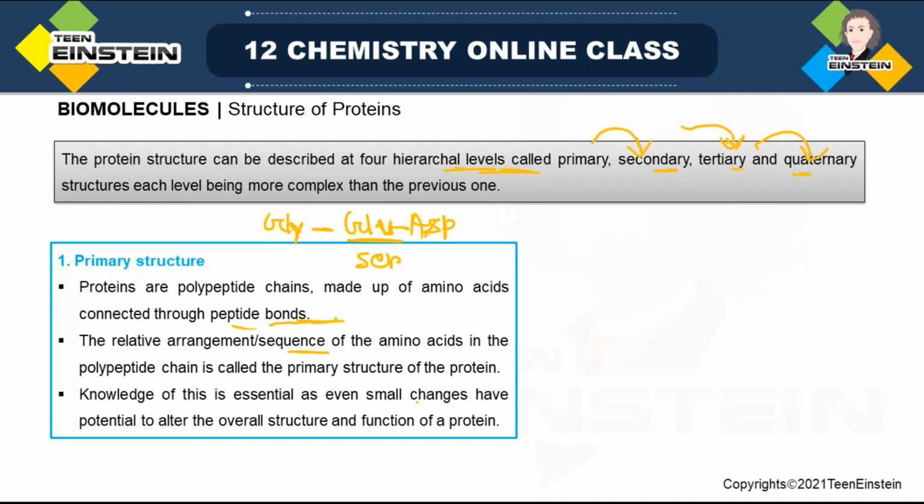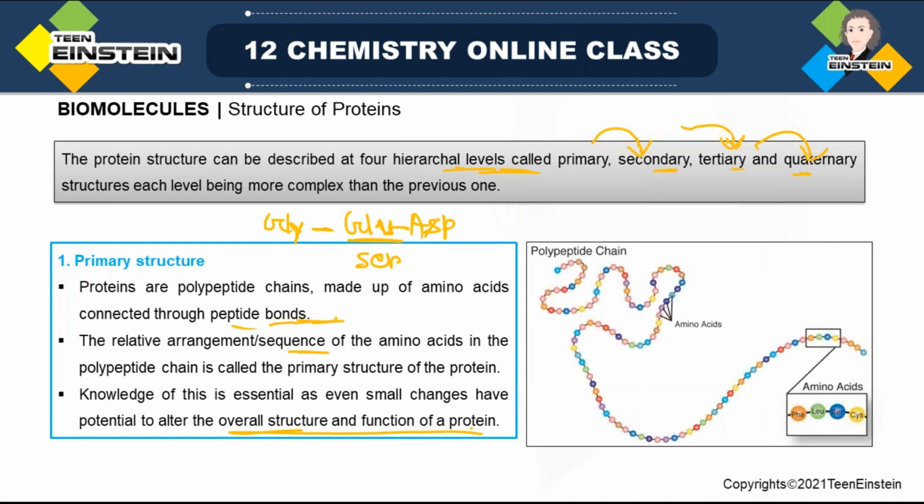So that is why even small changes have the potential to alter the overall structure and also the function of the protein. So that is why primary structure, which is nothing but the sequence of amino acids, is very important. Here we have taken this polypeptide chain.